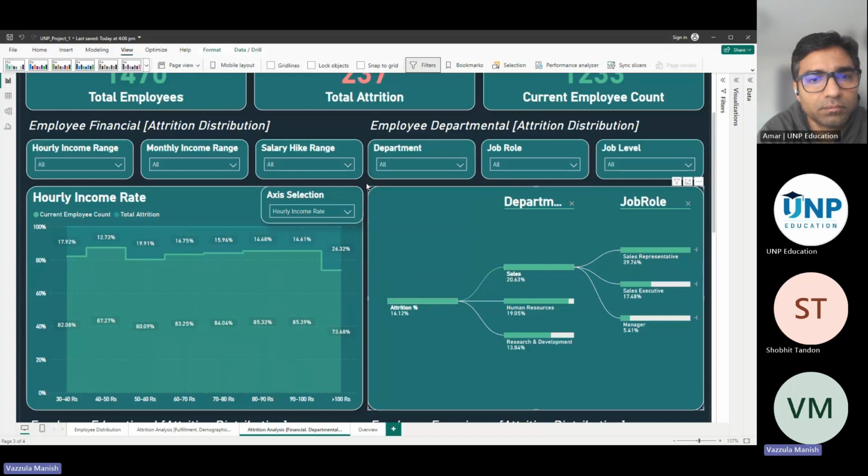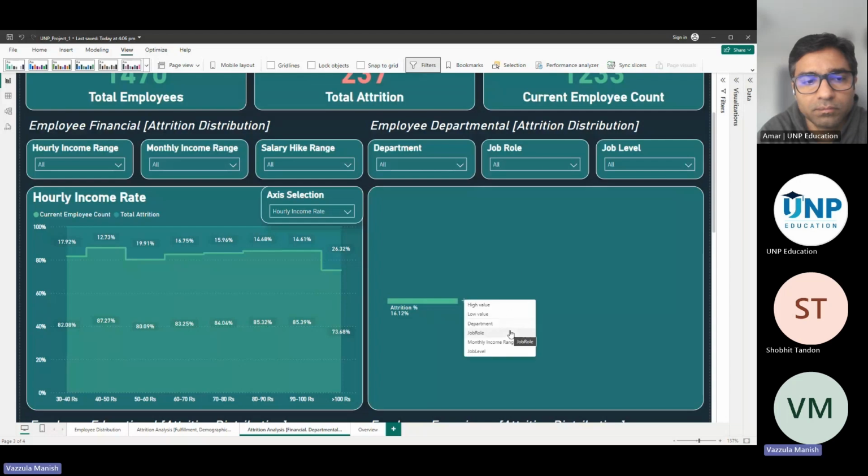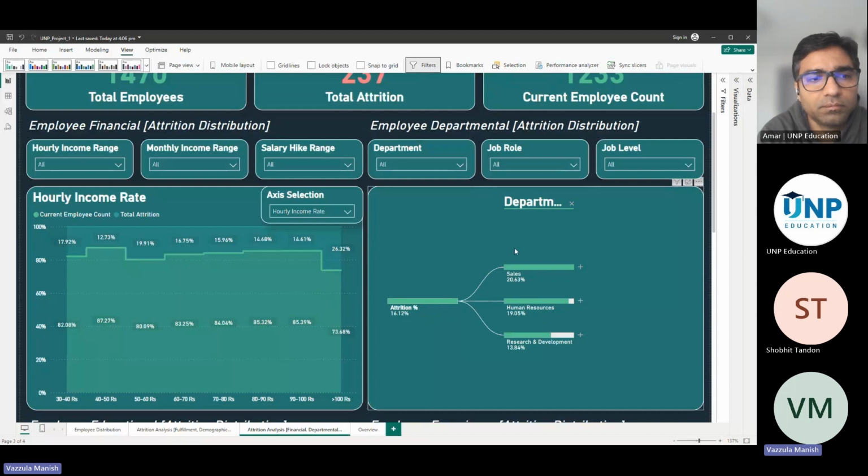Next, let's also observe the departmental factors, like which department has the greatest attrition and which job roles within them have the greatest attrition. So here we see that the average attrition is 16.12%, and if we sort them based on the department, we again see that sales has the highest with a whopping 20.63% attrition.